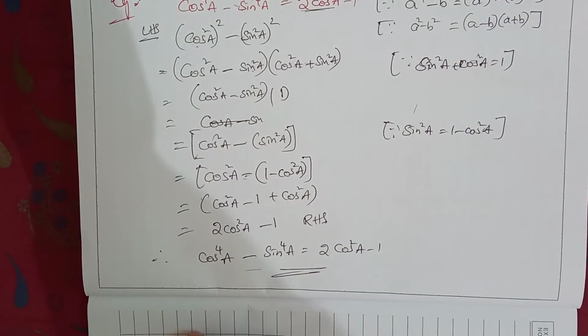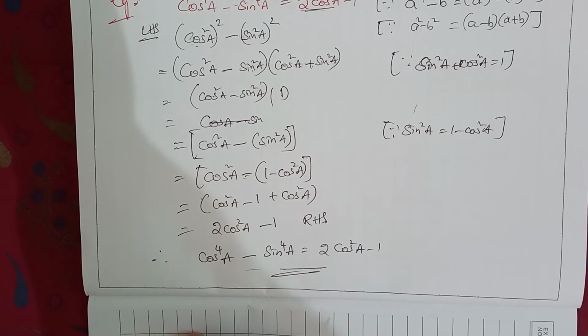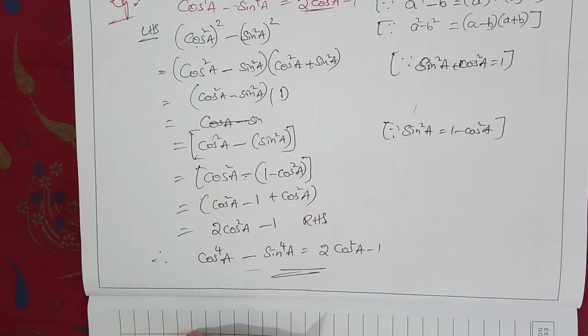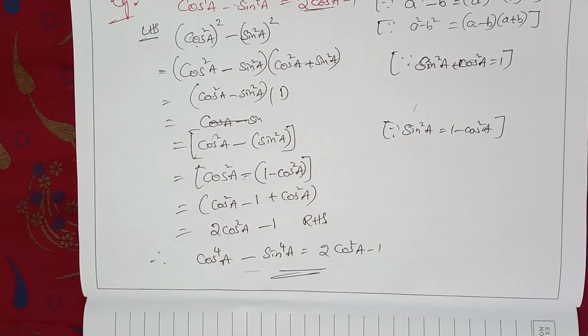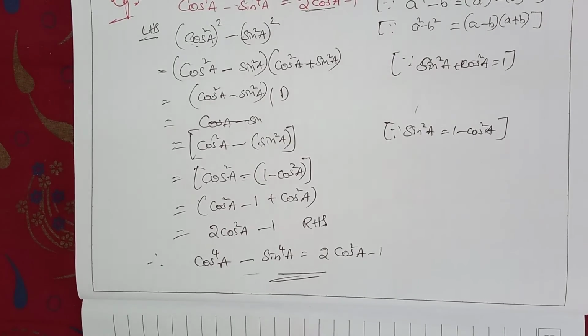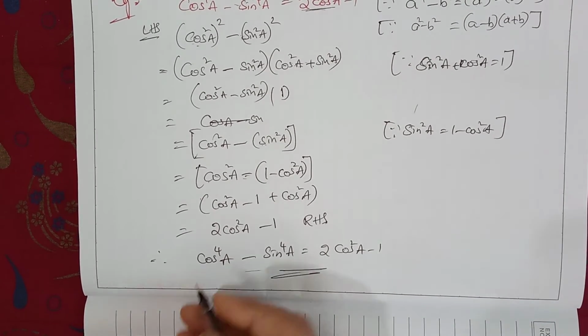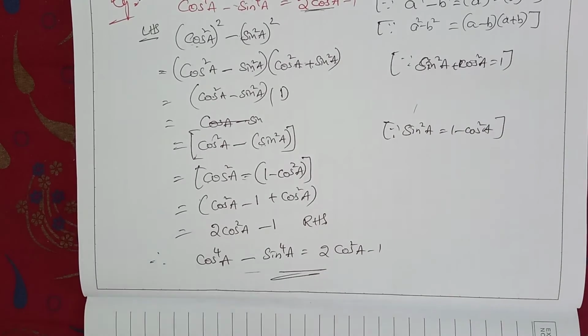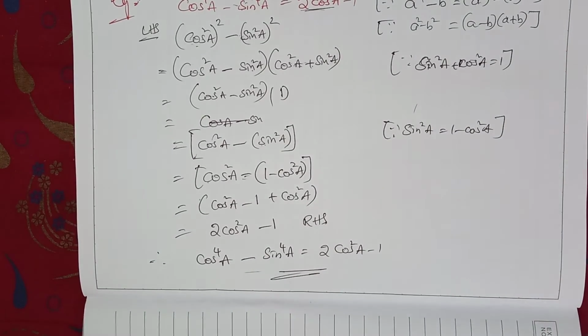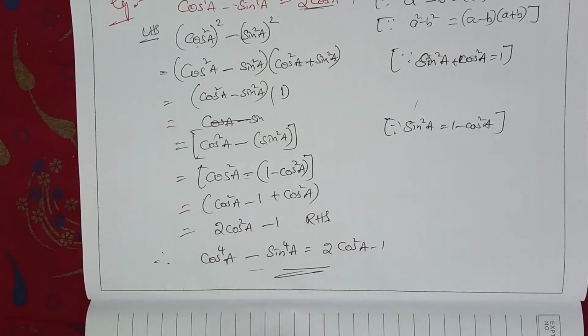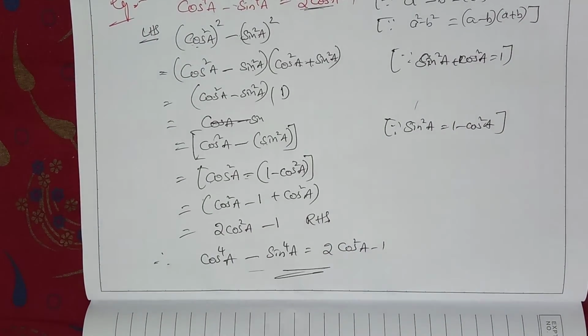Okay, children? Understood now? Yes. Now we will go with another question. One more example I will explain, children. For this kind of questions, you have to solve in this way.